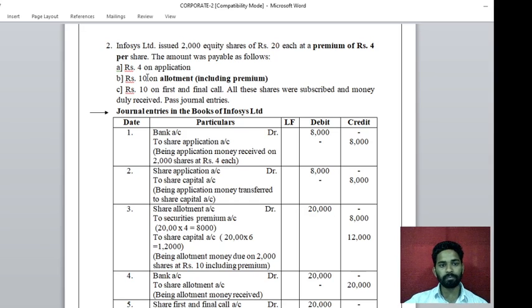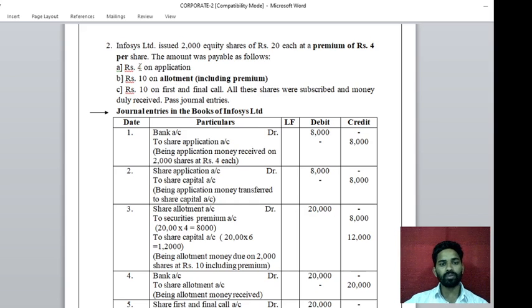Rupees 4 plus 10 is 14, plus 10, the total is 24. It should be 20, but here it is 24, because the premium of rupees 4 is received in the allotment. Actually it should be 6, but it is 10, because they are receiving rupees 4 as premium.